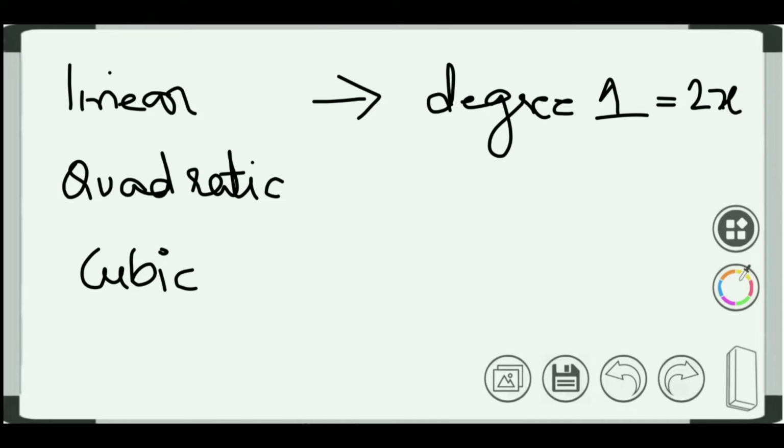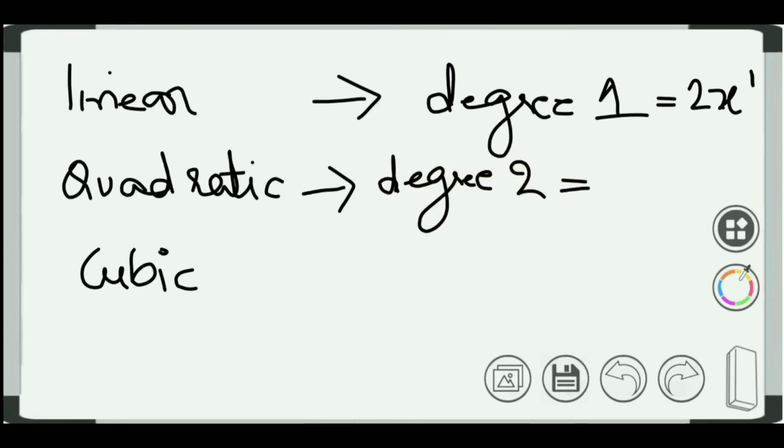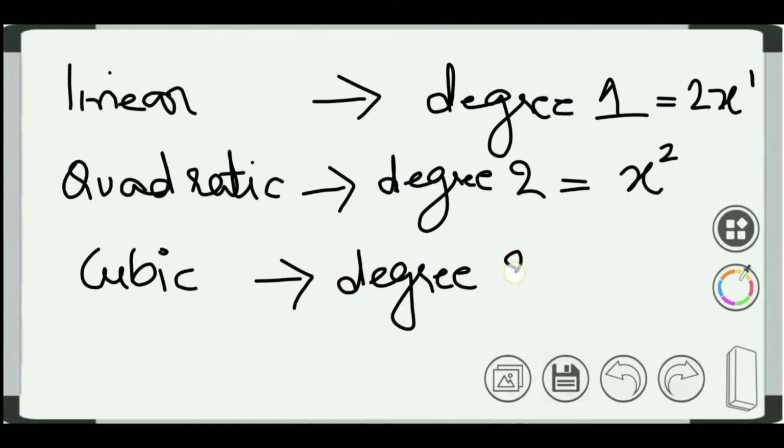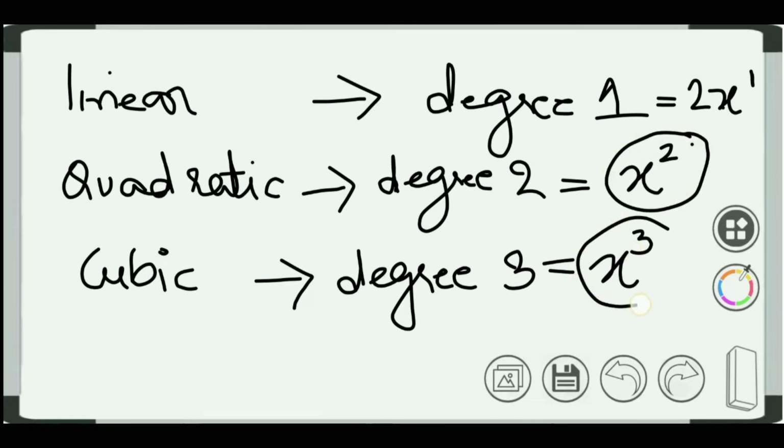What is the degree of x? 1. Now, what is a quadratic polynomial? It is a polynomial of degree 2. Example, x square. A cubic polynomial is a polynomial of degree 3. Example, x cube.